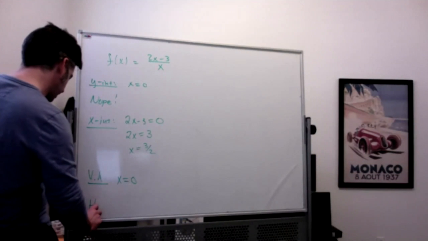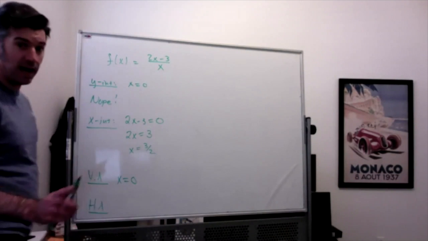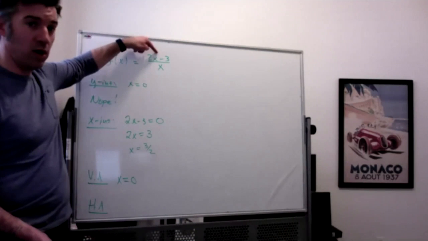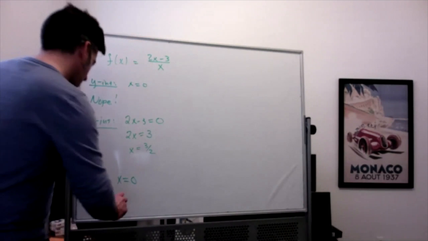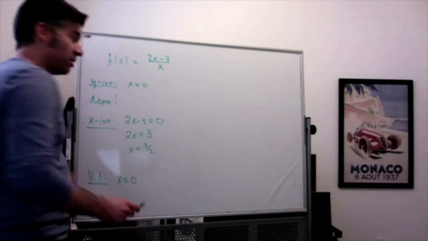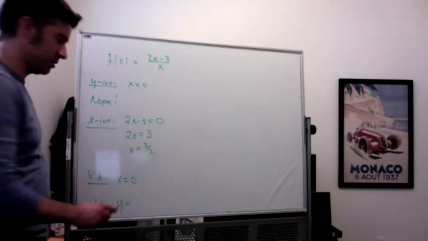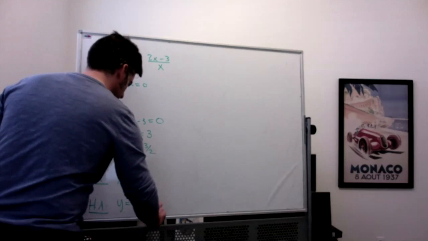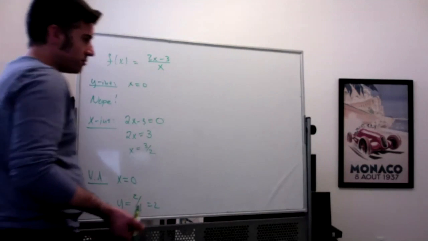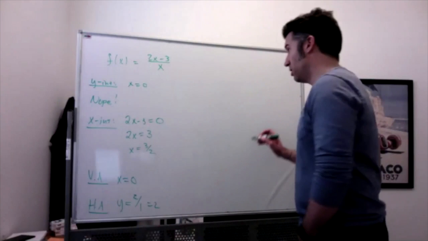And the horizontal asymptote, now in this one, since the degree on top is 1 and the degree on the bottom is 1, so the degrees are the same, the horizontal asymptote is going to be the fraction of the leading coefficients. So it's going to be 2 over 1, which is just 2. Okay, that's everything. Let's graph it.